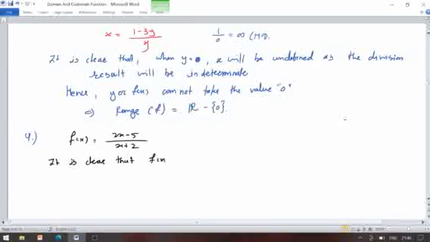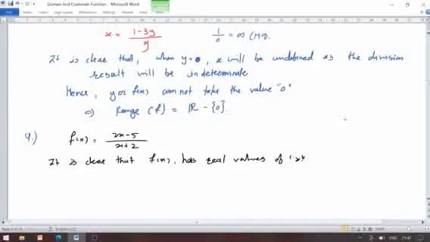So it is clear that f of x has real values for all x's except for the case when x plus 2 equals 0. So that implies x equals minus 2.